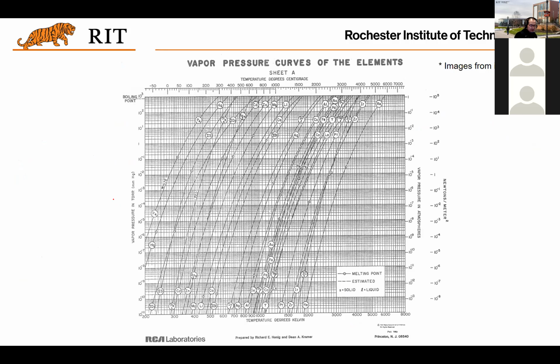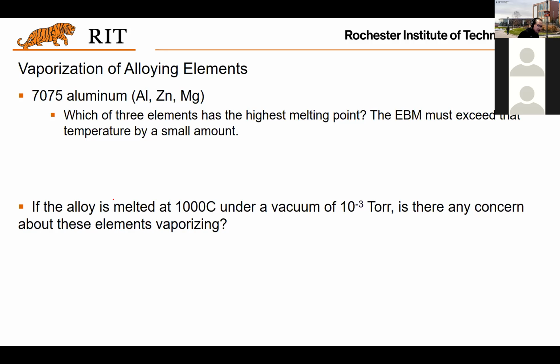So another point here is the vaporization of the alloy elements. For the alloy, for example, this 7075 aluminum, there are different elements. During the printing process, some evaporation could happen because we are talking about a very low air pressure, almost vacuum, and there's thermal energy generated.